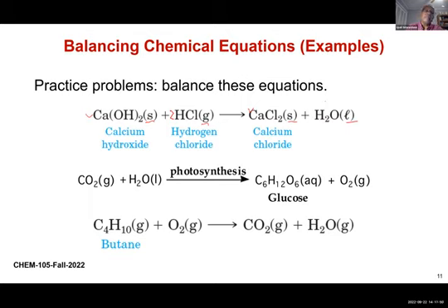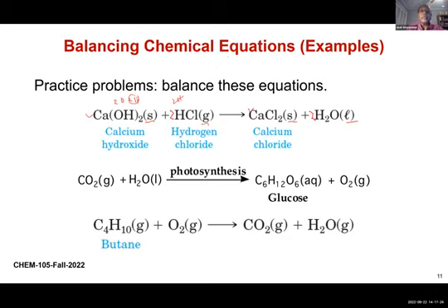How many? There are 2 oxygens here, 2 hydrogens here. 2 plus 2 is 4. So therefore, we have to put a 2 in front of here to balance hydrogen. 2 and 2 hydrogens.